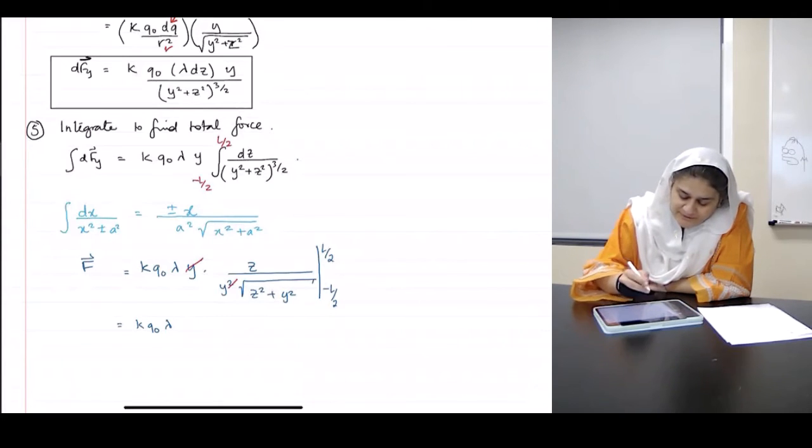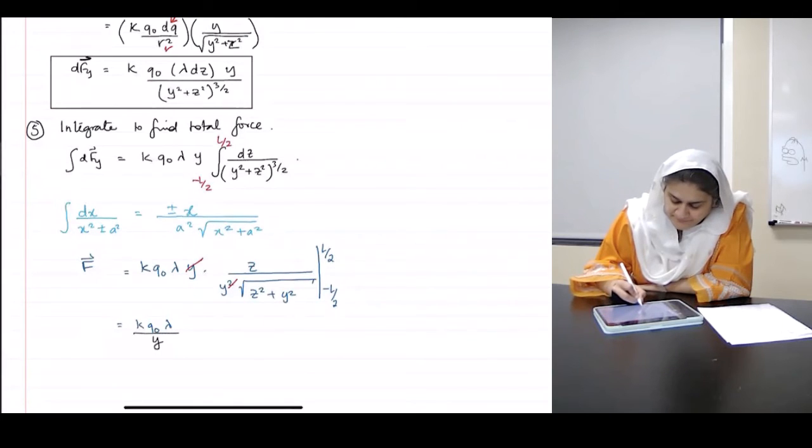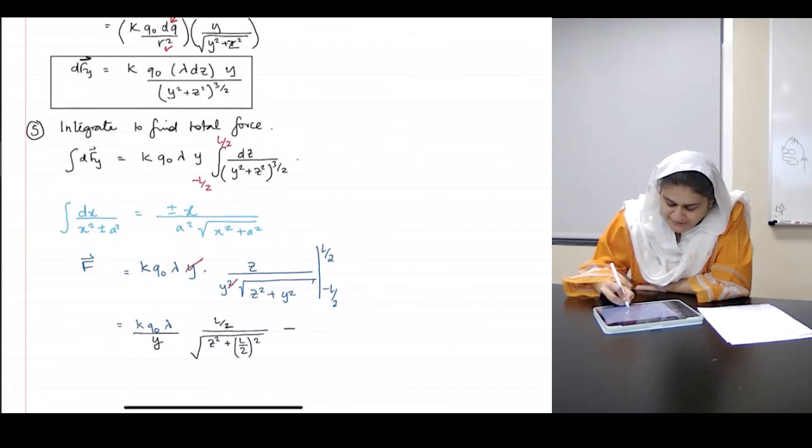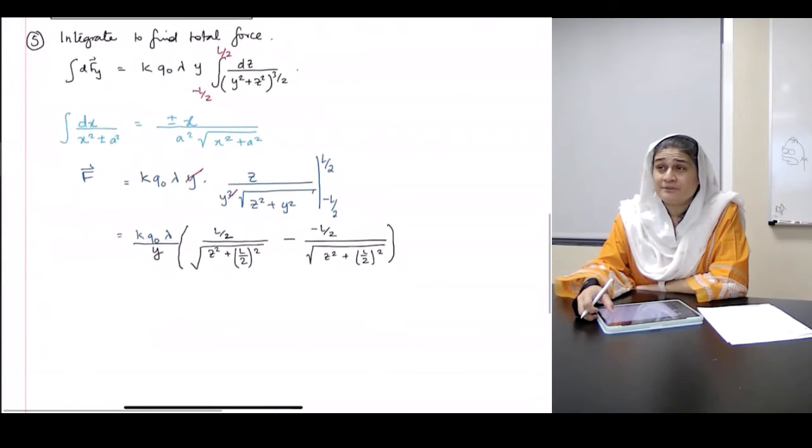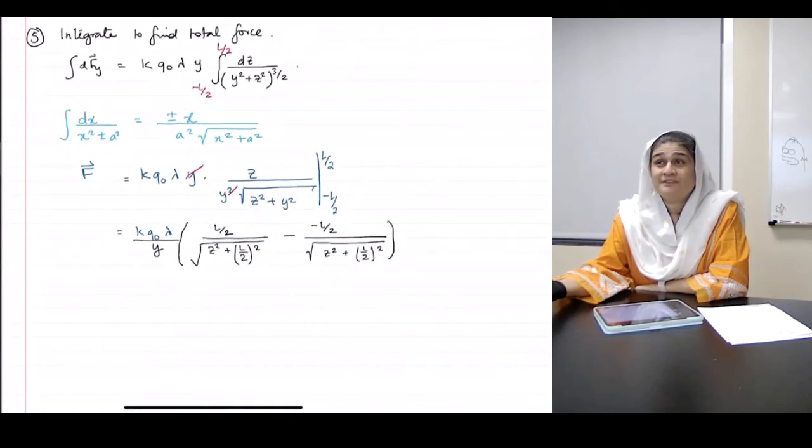So I will get divided by y, L over 2 over the square root of z squared plus L over 2 squared minus minus L over 2 over the same square root. What is L over 2 plus L over 2? Just L, right? The denominator is the same.